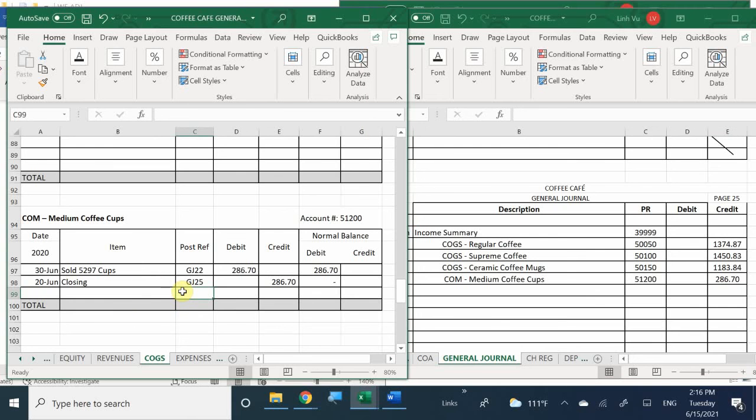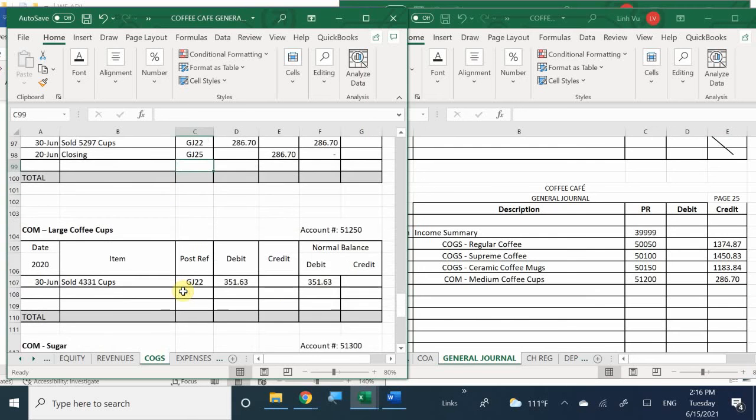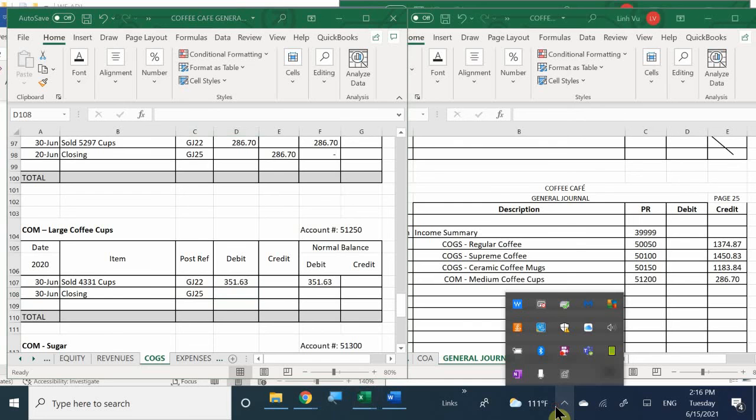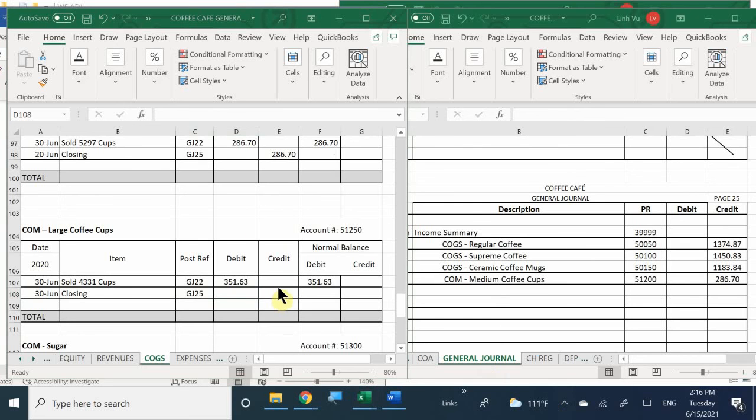All right. Next one that we have here is our cost of materials for the large coffee cups. Okay. For the 351.63.